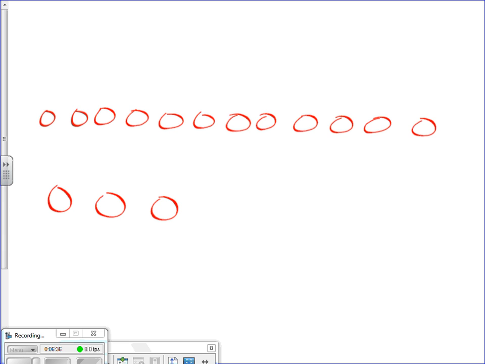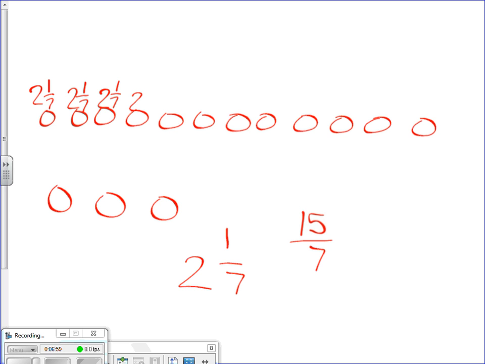And if you tell me 2 and 1/7, so that's 2 gallons and 1/7 of a gallon. So you did 15 sevenths. So then each jar is going to get 2 and 1/7. All 15 jars.